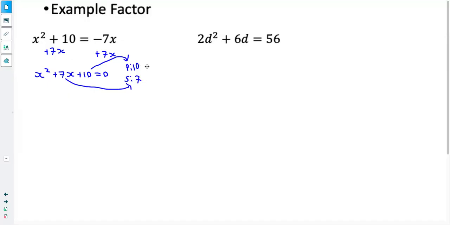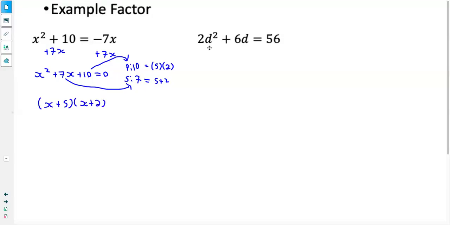So two things that multiply to 10 and add to 7 would be 5 and 2, because 5 times 2 gives us 10, and 5 plus 2 gives us 7. So we'll utilize those now in factoring. So we've got x plus 5 and x plus 2.